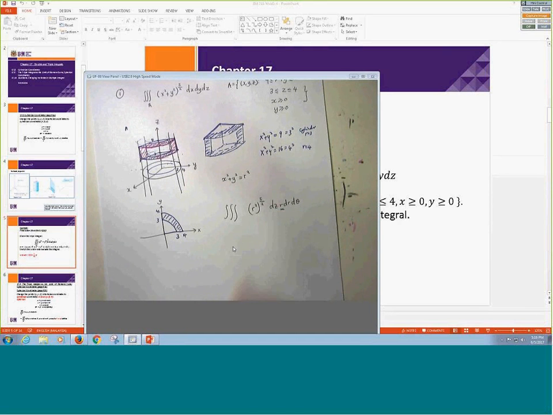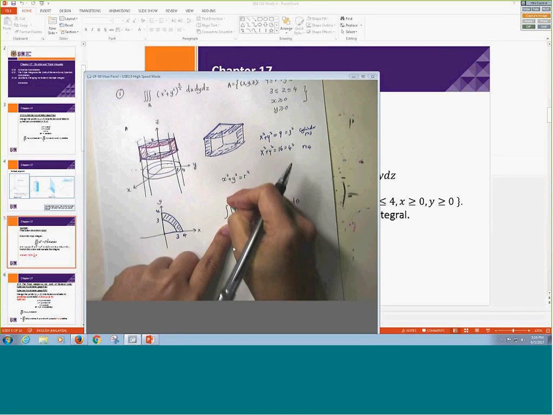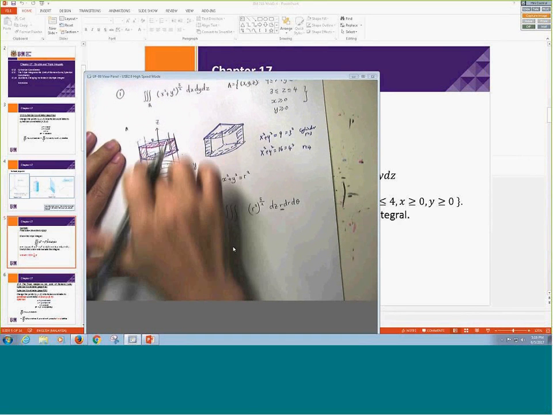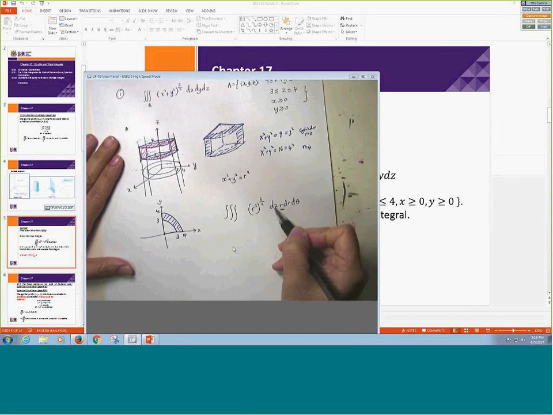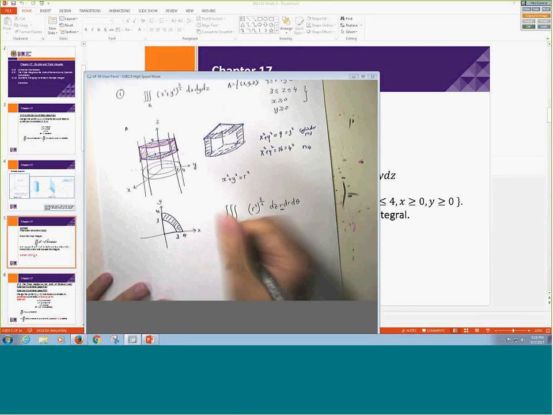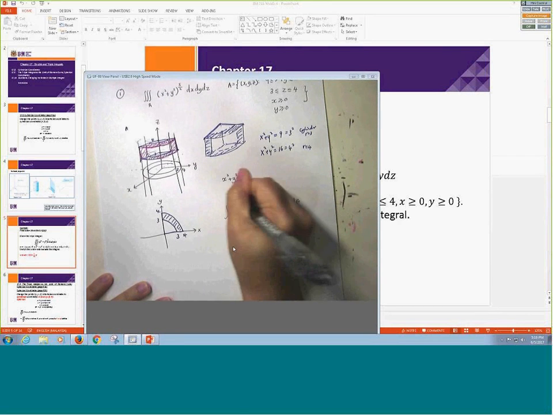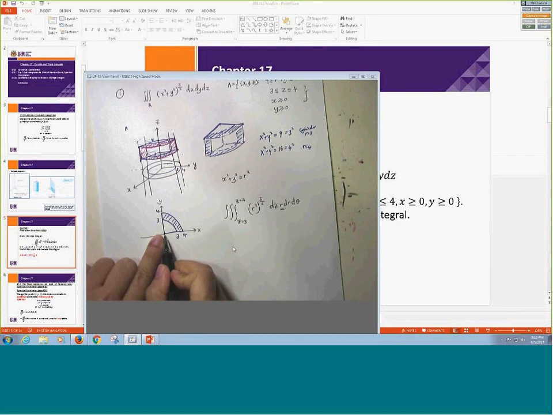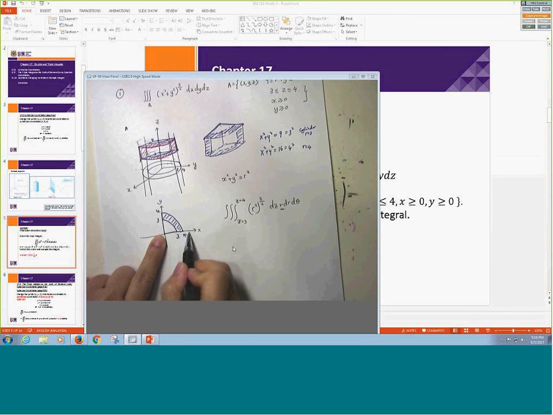And now, how do we determine the limits of the integration represented by the solid here? Z from 3 to 4. R from 3 to 4, from the origin.